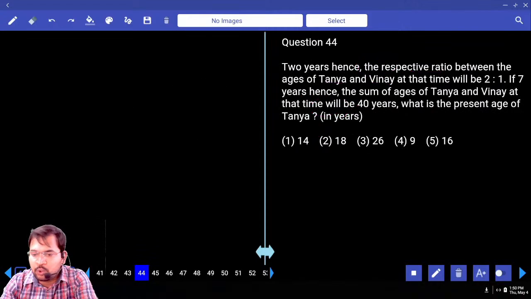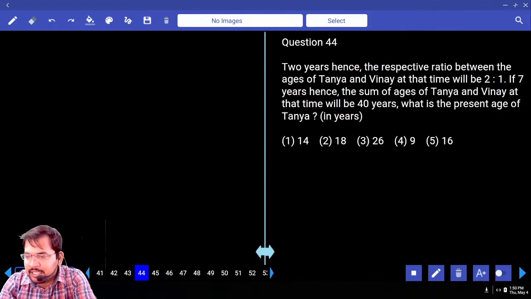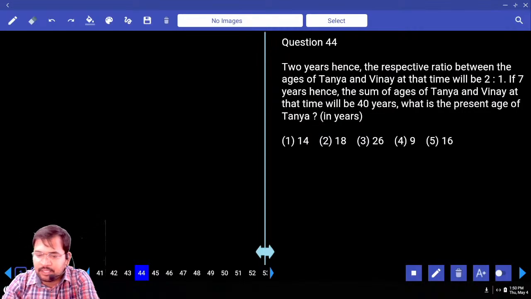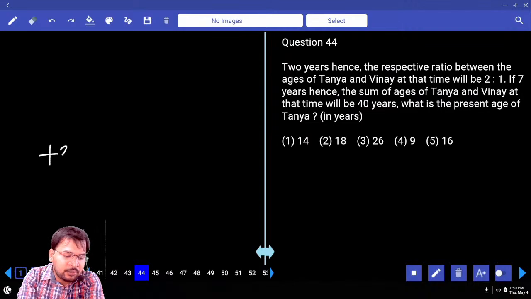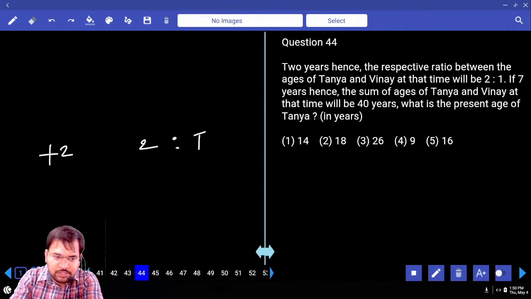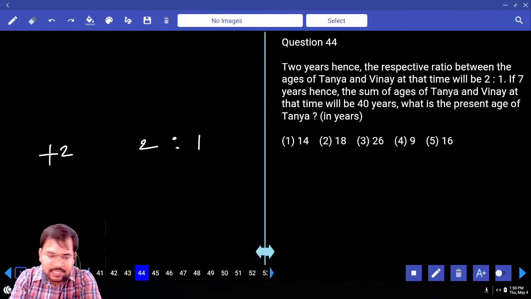Next one. 2 years hence, the respective ratio between the ages of Tanya and Vinay at that time will be 2:1. 2 years hence the ratio is what? 2:1. So who are the persons? Tanya and Vinay. Next.